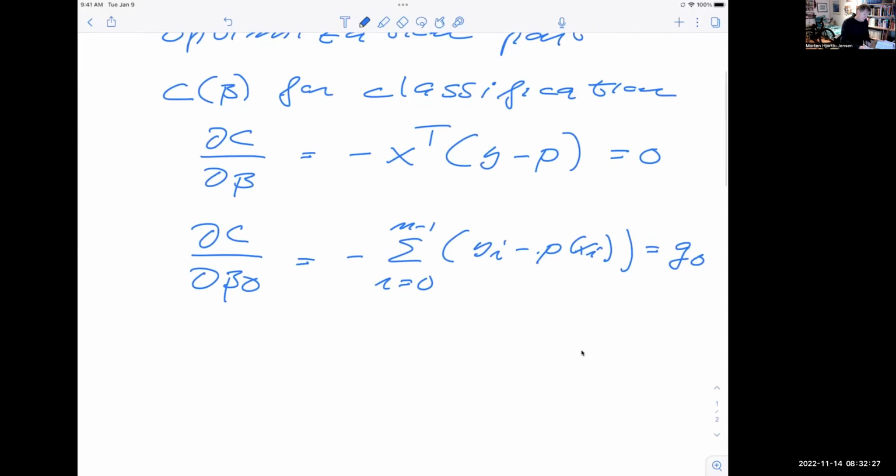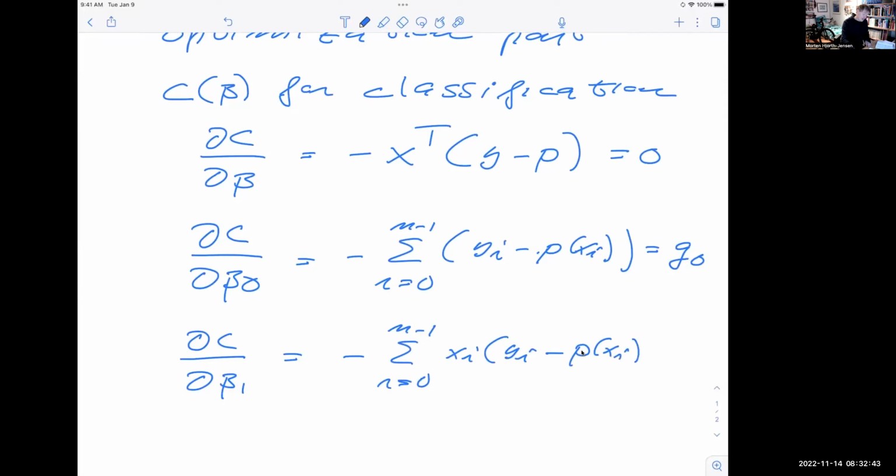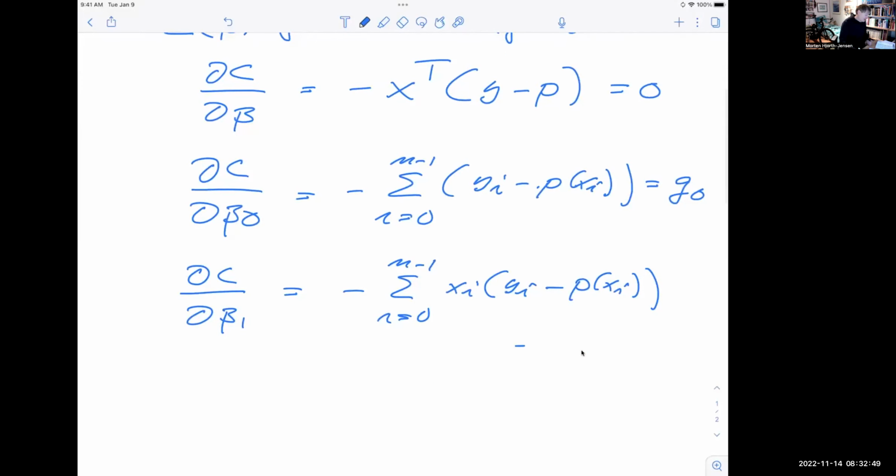And similarly, what we had was a derivative with respect to the parameter beta 1, which was simply given by minus the sum over i equals 0 to n minus 1. And then we had x of i, and then y of i minus p of x of i. And this p is what we normally label as the sigmoid function. And this is a quantity which we can label as G1.